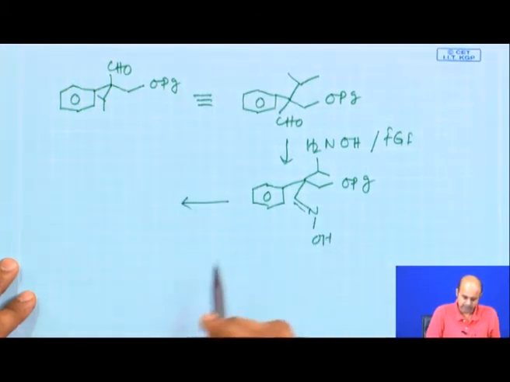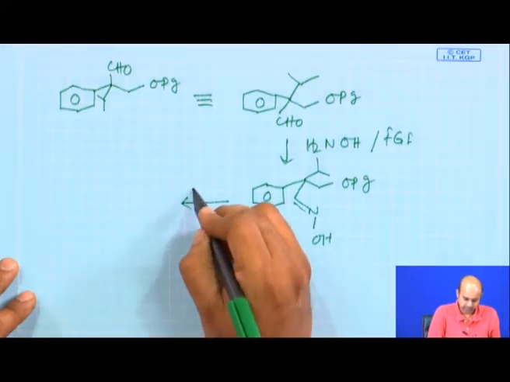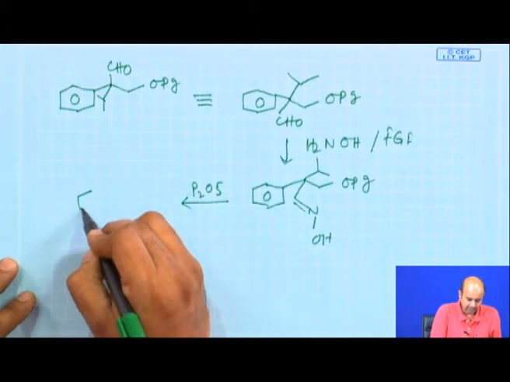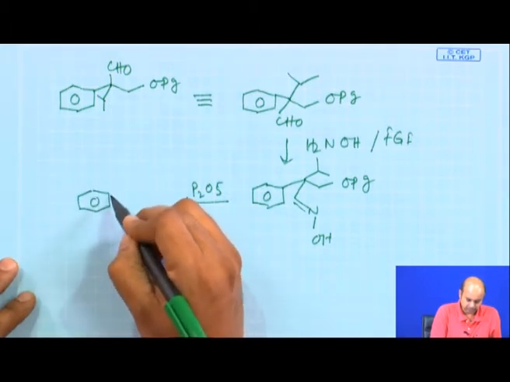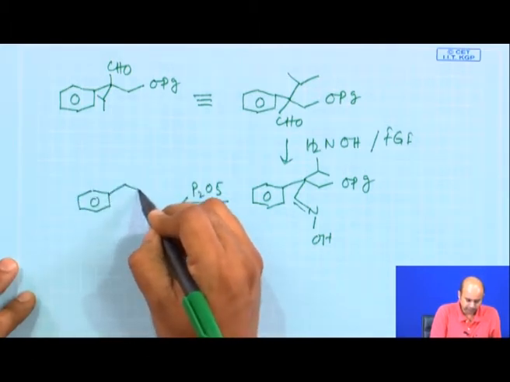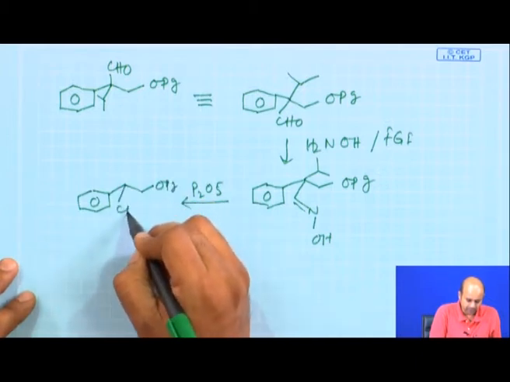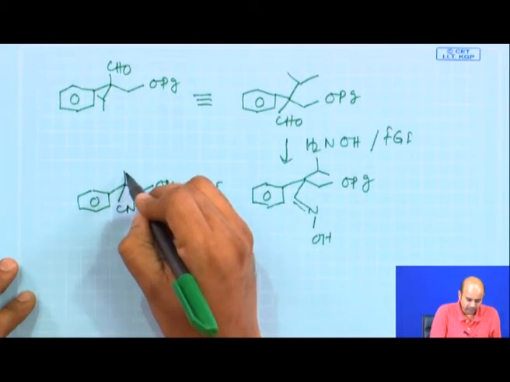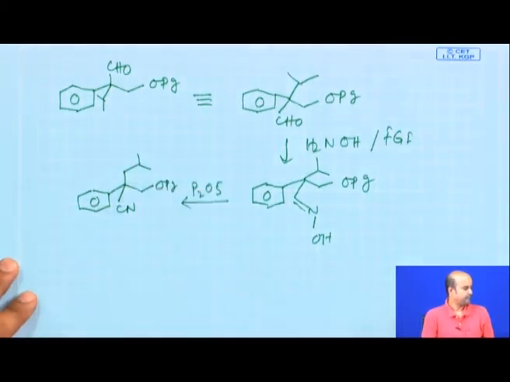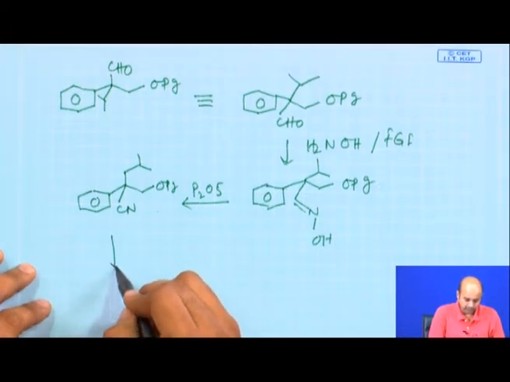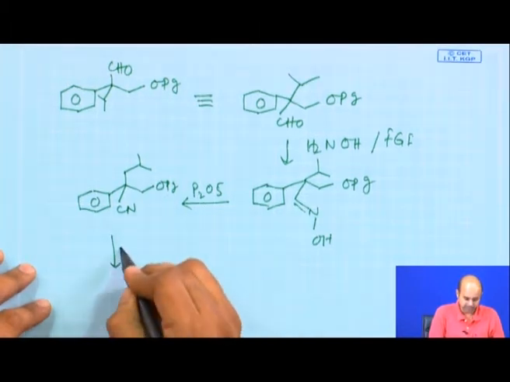Put in a dehydrating agent, maybe P2O5, phosphorus pentoxide, and you will get this OPG, cyano and your isopropyl. So, now we are almost there, the only thing is you need to remove the PG.